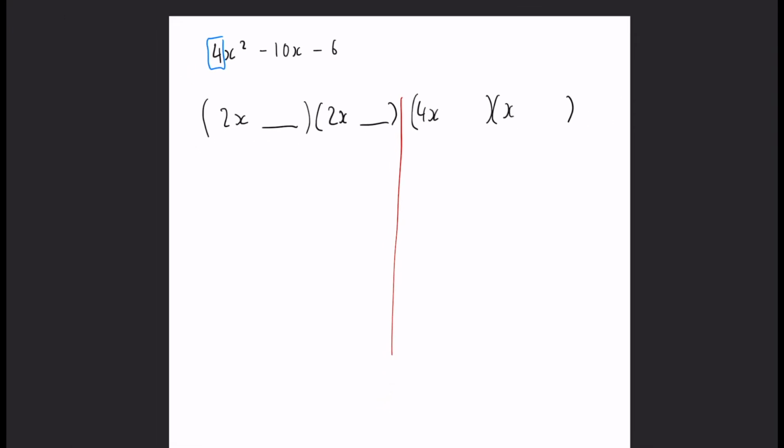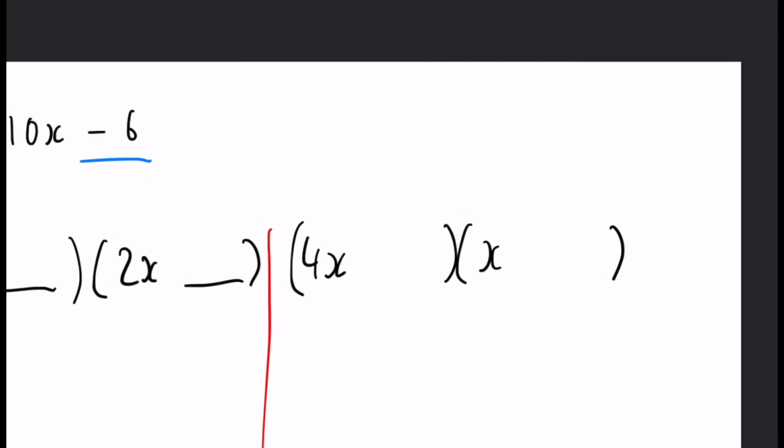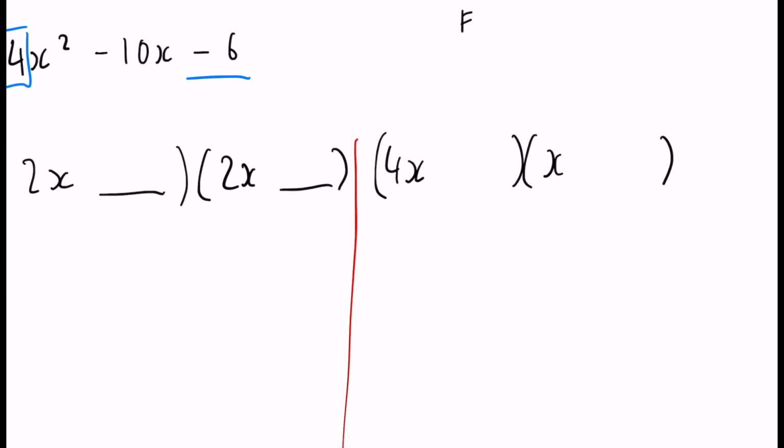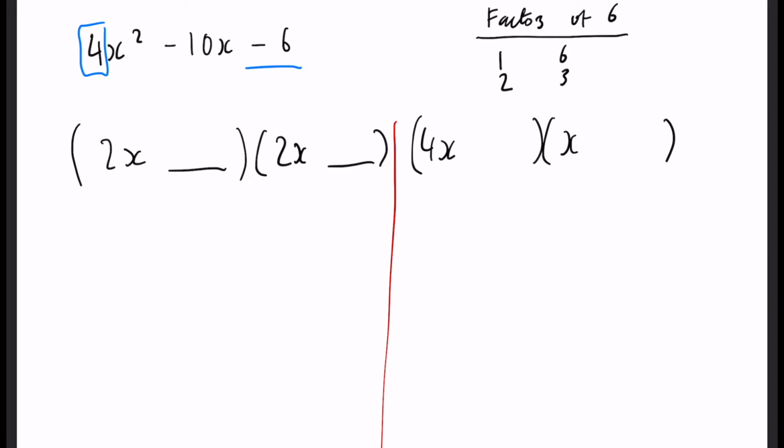The best way to do this is, again, to write out our factors of 6. So we can do that up here. Factors of 6. We have 1 and 6 and 2 and 3. Now, we need to pick one of these that is going to be multiplied by either 2 and 2 or 4 and 1.